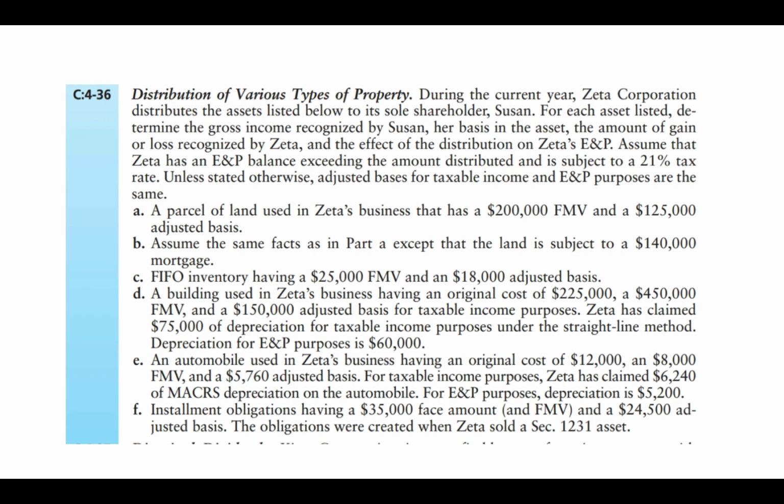All right, so for this one, we have an $8,000 fair market value and a $5,760 adjusted basis. We have taxable depreciation under MACRS of $6,240, but for earnings and profits, depreciation under the alternative depreciation system is $5,200.